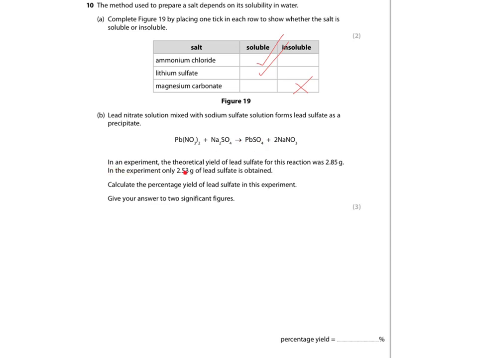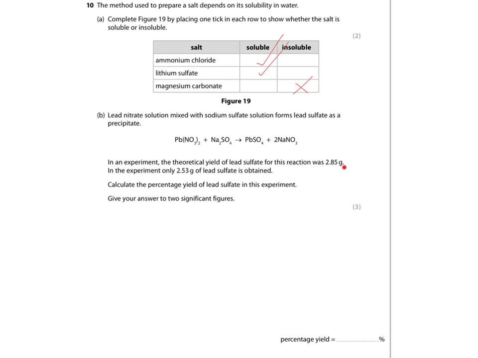In an experiment, the theoretical yield of lead sulfate for the reaction was 2.85 grams. In the experiment, only 2.53 grams of lead sulfate is obtained, so less is obtained than theoretically you should get. Calculate the percentage yield of lead sulfate in this experiment. The theoretical yield is the amount that you would get if the experiment went completely perfectly, went to completion, every single reactant reacted with the other reactant and nothing was lost.